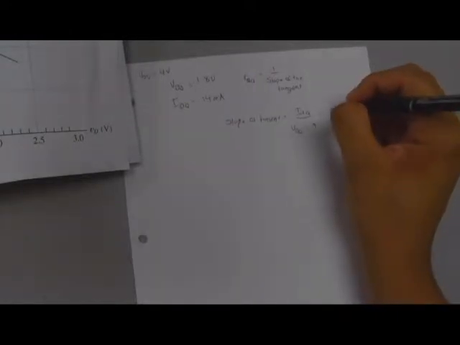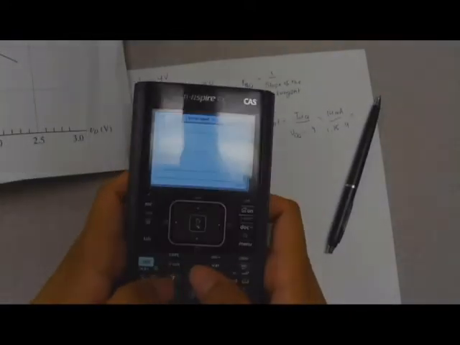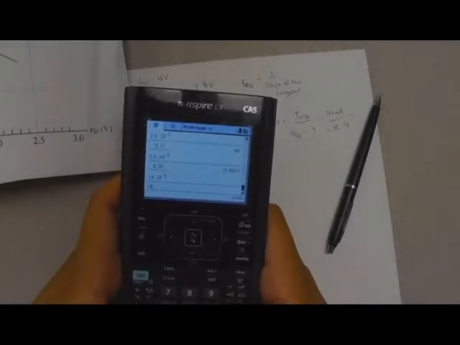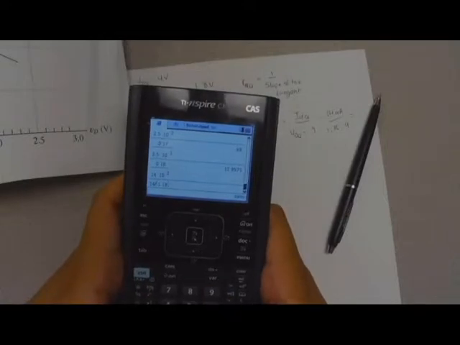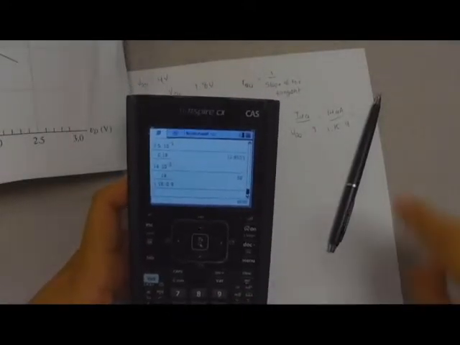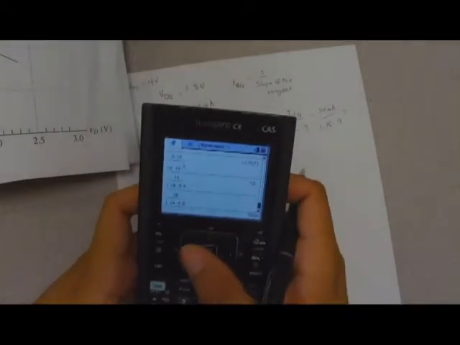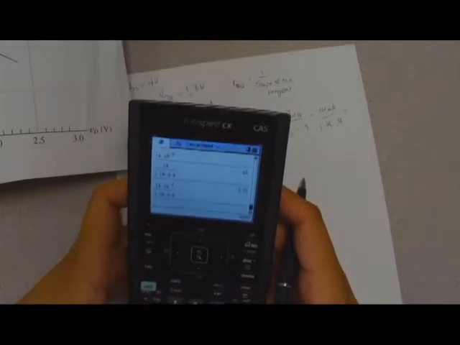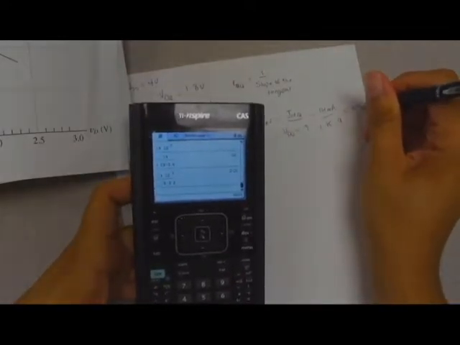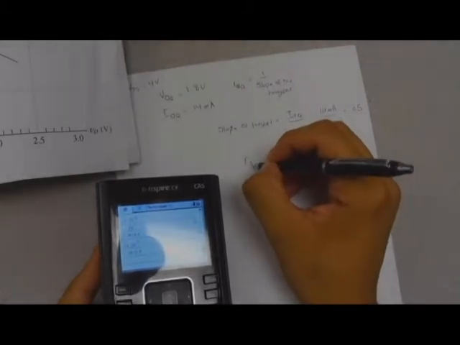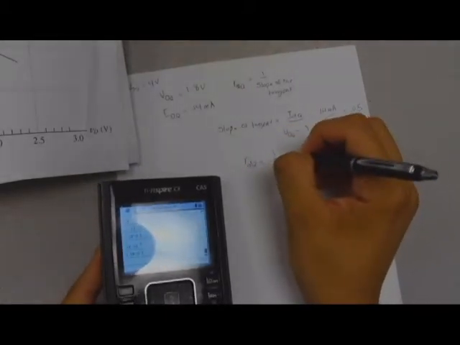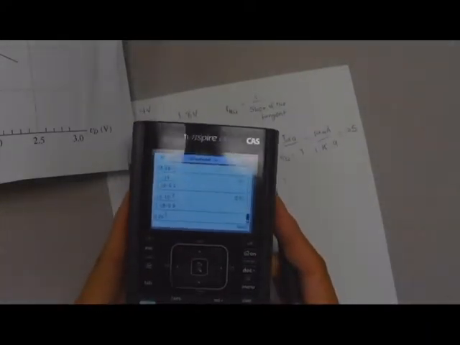So that's going to get you 14 milliamps over 1.8 minus 0.9, which gets you, don't forget your units, 0.05. And since RDQ is equal to 1 over 0.05, that gets you 20.